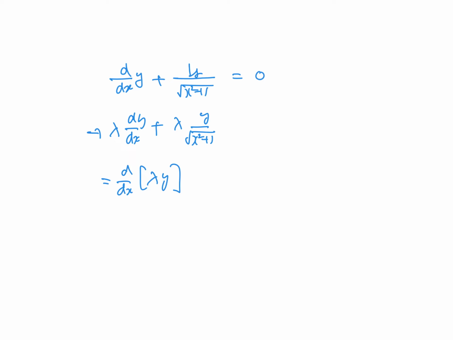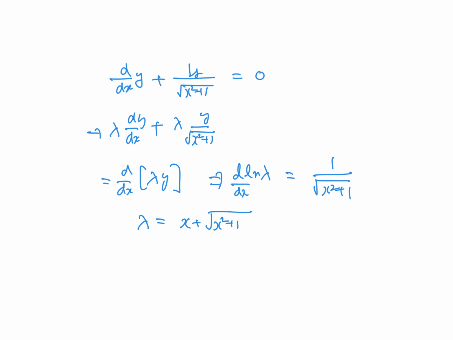So d/dx of ln lambda is square root x squared plus 1, right? So lambda is nothing but x plus square root x squared plus 1.